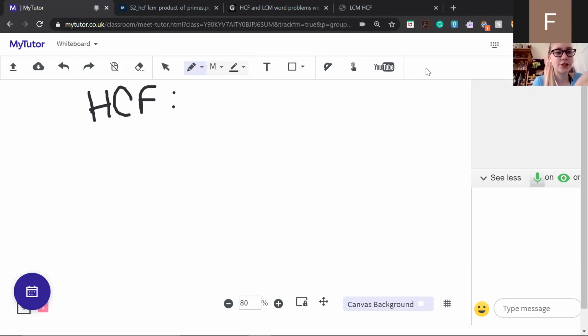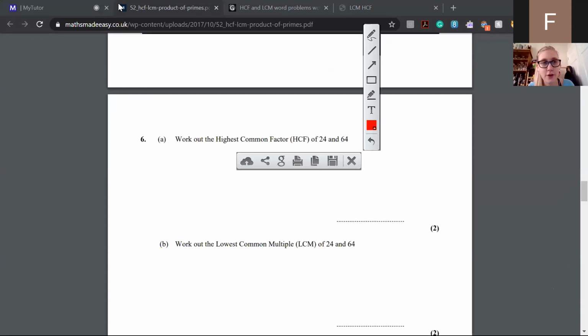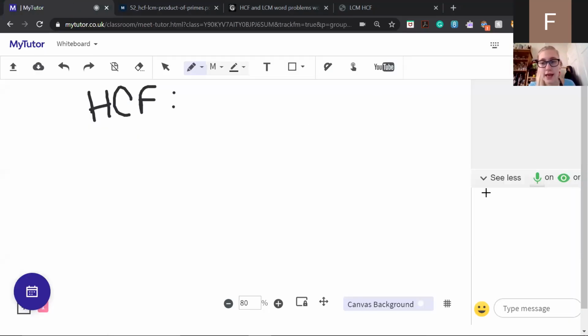So let's say our question says, let's grab a question here. Find the highest common factor of 24 and 64. One way that you can do this is write out all of the factors of both of them, see which are common, and then see which is highest.